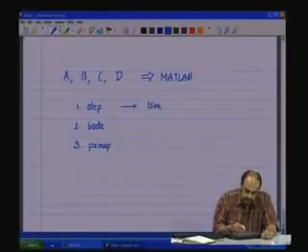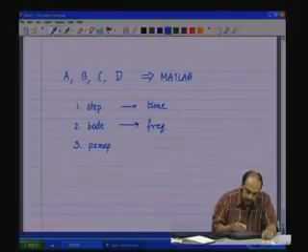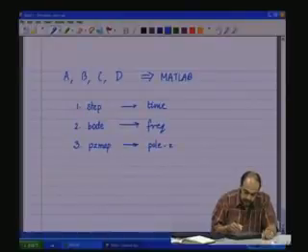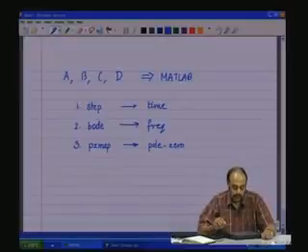So, step would be for the time, Bode for the frequency and PZ map for the pole zero domain picture.